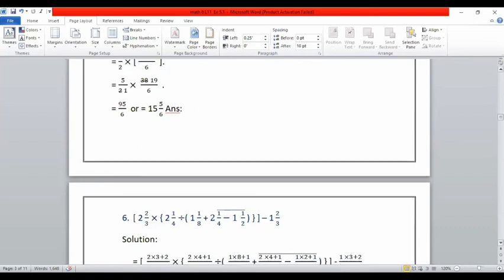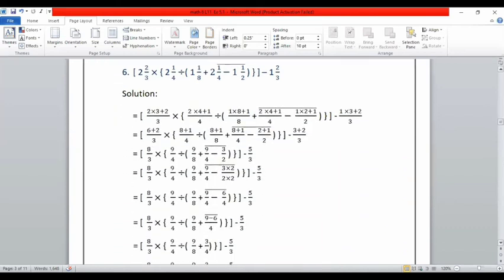Dear students, in sixth number we have all types of brackets. First of all, to remove all these fractions. Here 2 by 3, then plus 2, again 2 by 4, then plus 1, then 1 by 8 plus 1, 2 by 4 here in this bracket.